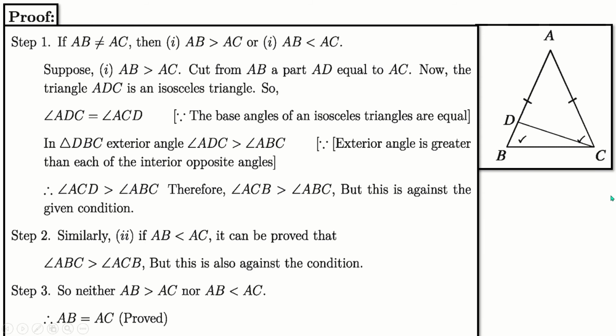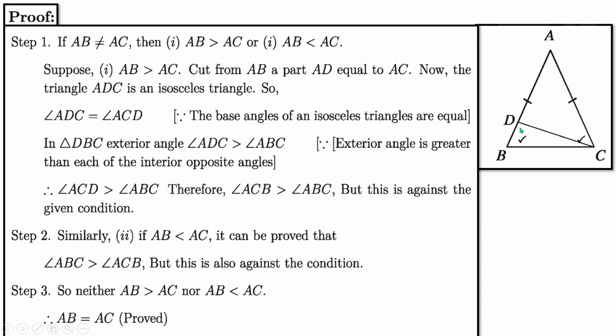As we have to prove that AB equals AC, at first we let AB not equal to AC. If AB is not equal to AC, that means AB is greater than AC or AB is less than AC. If AB is greater than AC, then we cut from AB a part AD equal to AC.